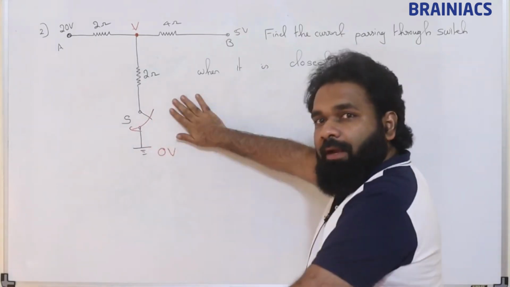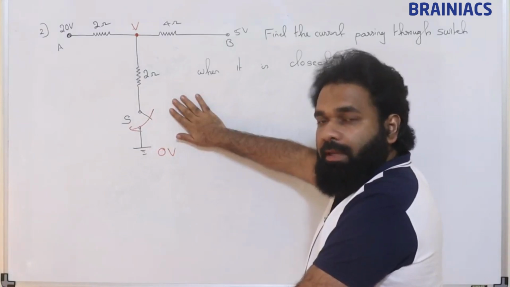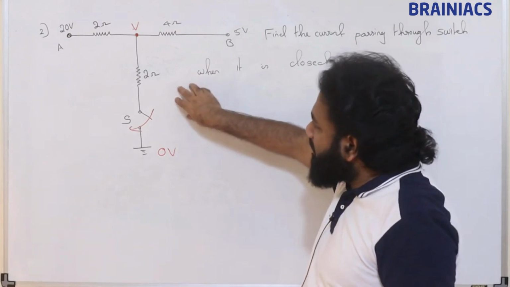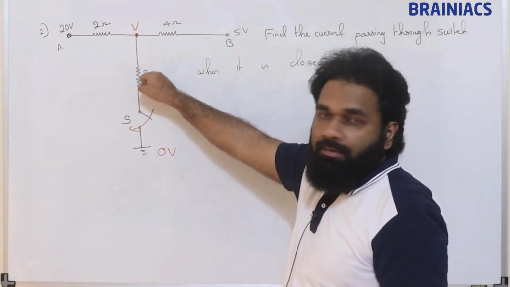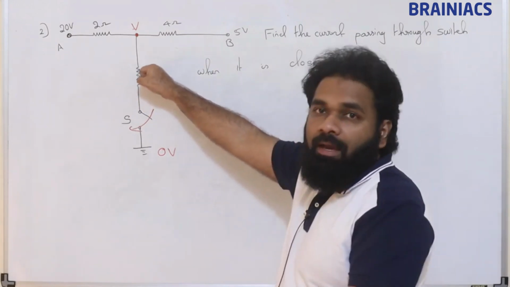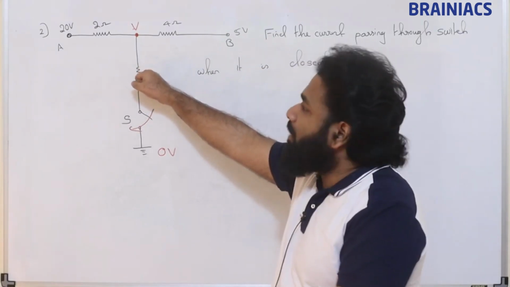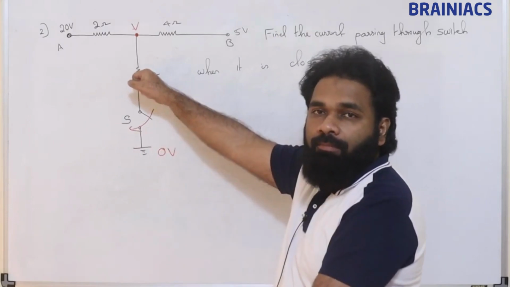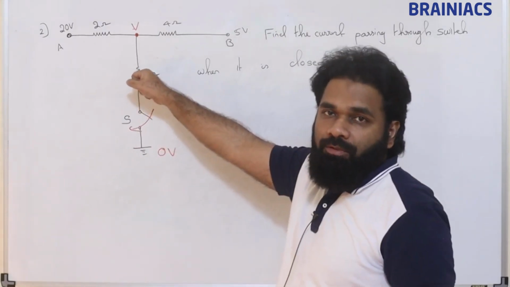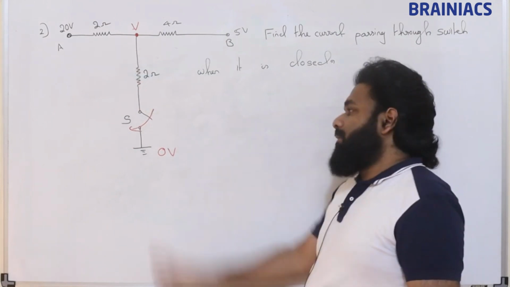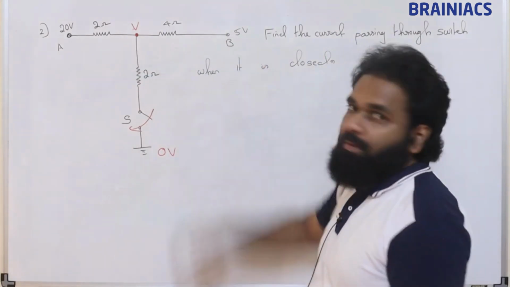Current will pass through me. So earth is at zero voltage, and any amount can be passed.